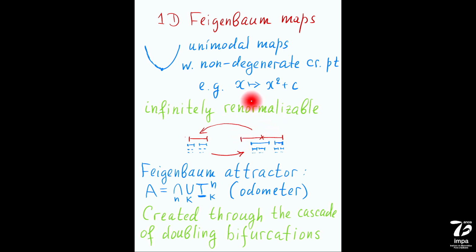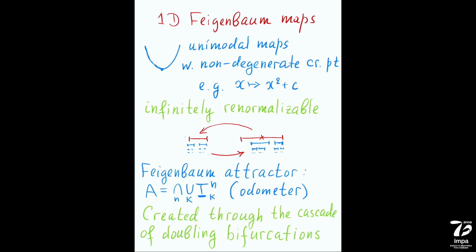Inside of these intervals, we have a cycle of four intervals permuted by the dynamics, then eight intervals, etc. The intersection of all these cycles produces an odometer, the Feigenbaum attractor, which attracts almost all orbits on the interval. It is quite a clear situation, and of course we can replace doubling with tripling, or whatever period and combinatorics you like.